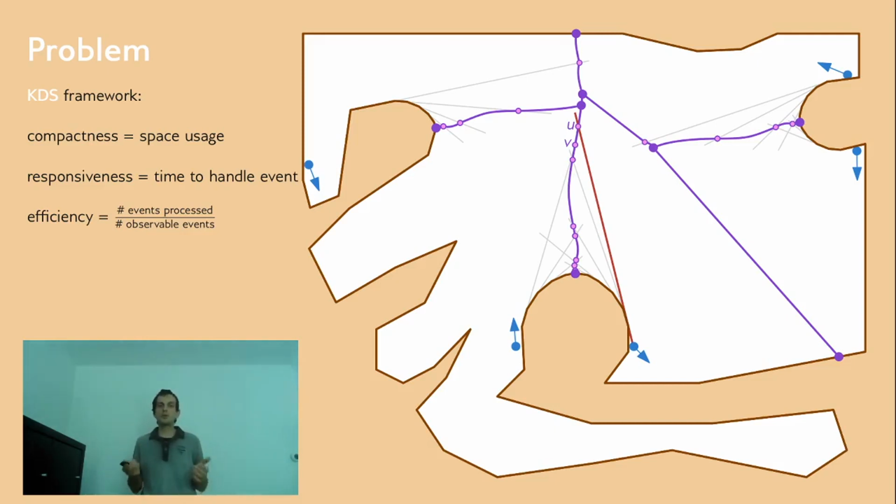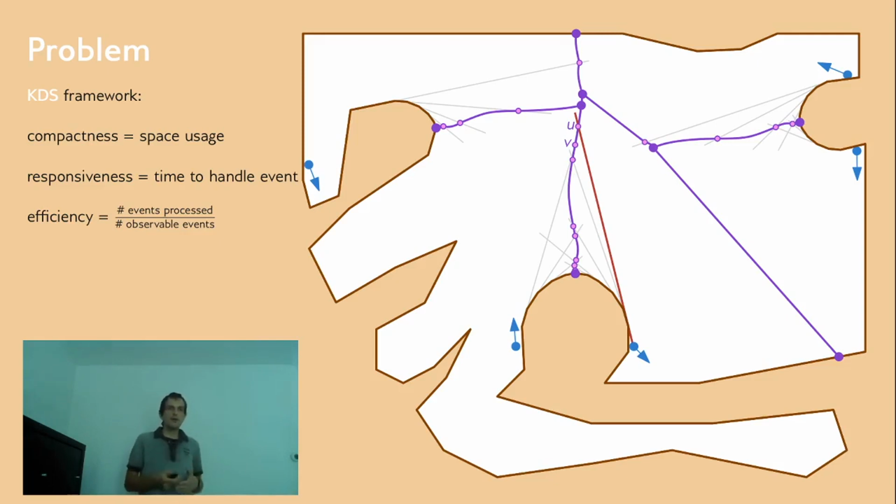The responsiveness: there will be these times or events when the structure of the Voronoi diagram changes, and then I have to update my data structure and fix things. How much time you need to fix each event measures the responsiveness of your structure. And finally, there's this notion of efficiency.